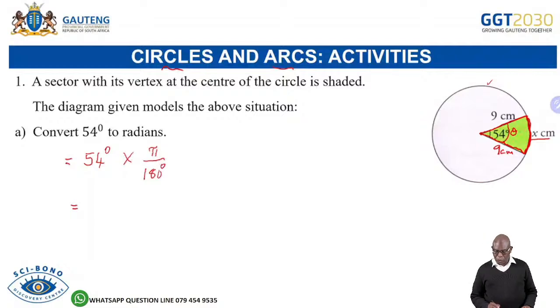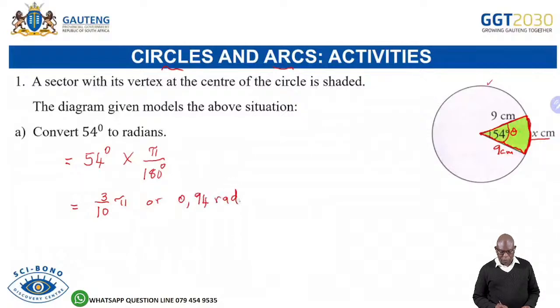So I can either write the answer as 3 over 10 pi, or I can write it in decimal, which is going to be 0.94 radians. Remember that I want to change that to radians, so I must write the units there, which is radians. It's not degrees, it's radians. So 0.94 is radians.